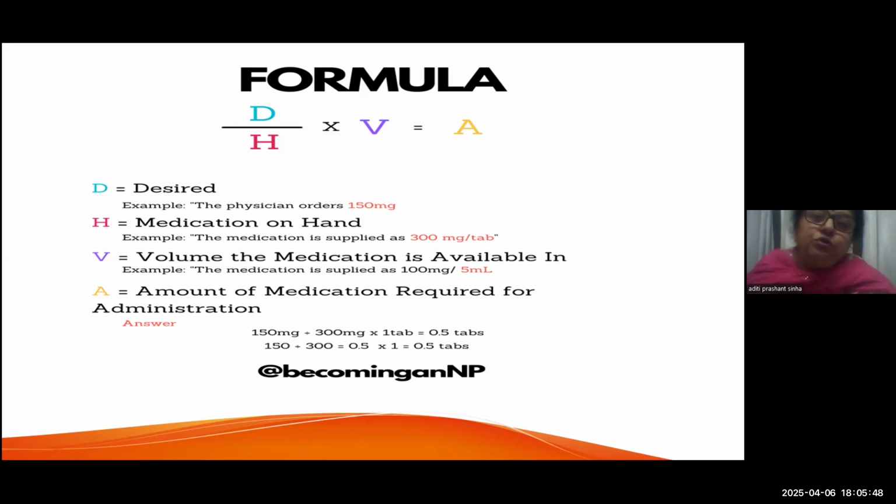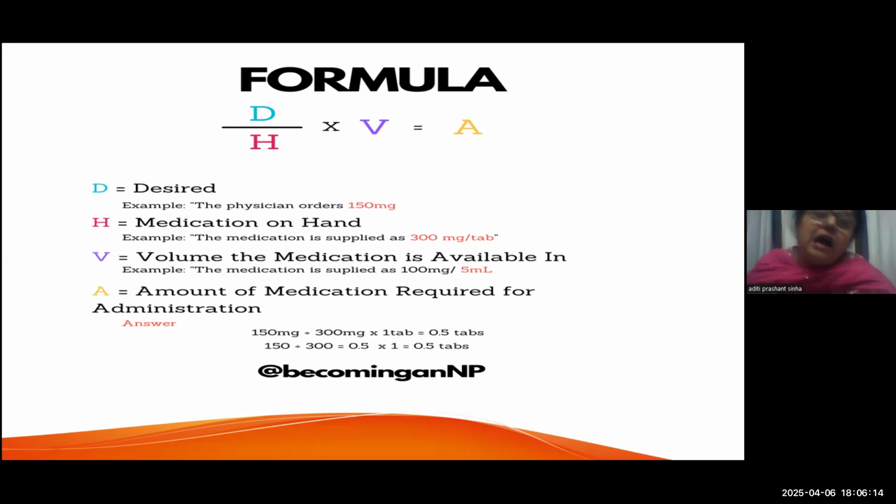D by H into V is equal to A, or D by H into Q is equal to A. Quantity or volume is the same, we can replace both words. So here you have 150 divided by 300 into the volume, that is 1 tab. So 150 divided by 300 is equal to 0.5 into 1. That is, I need to give 0.5.